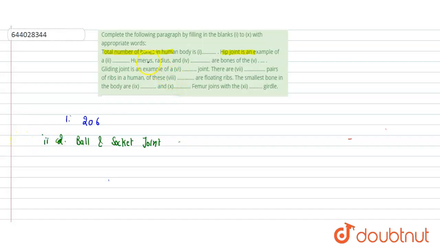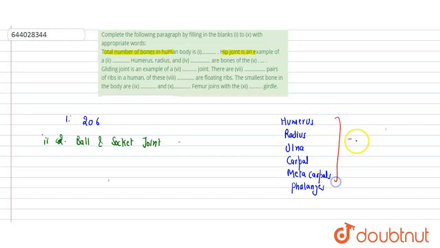Next is humerus, radius and blank are the bones of. If we see the humerus, radius, along with the ulna, then carpals, metacarpals and the phalanges, all these are the bones of the forearm, or we can say the forelimb.